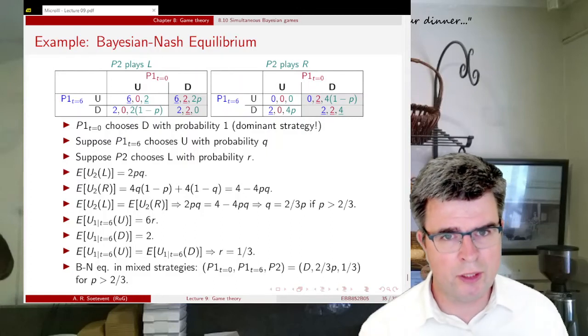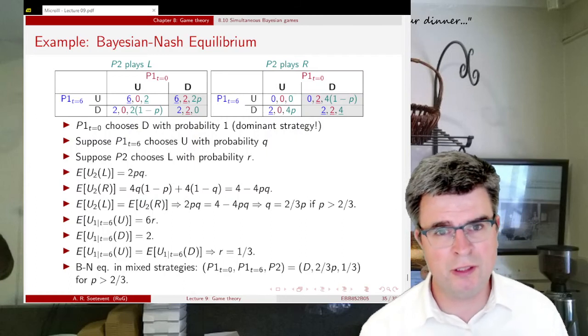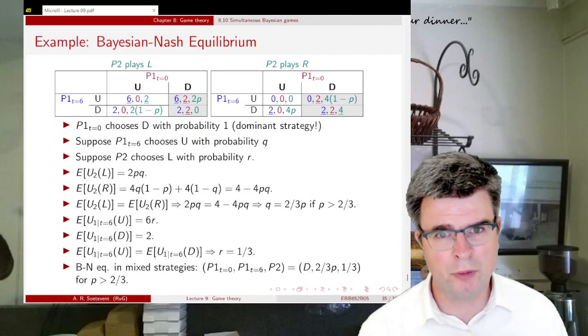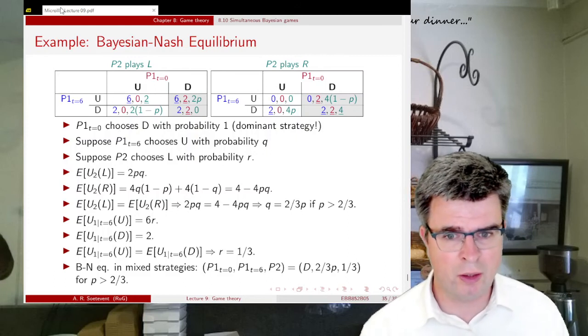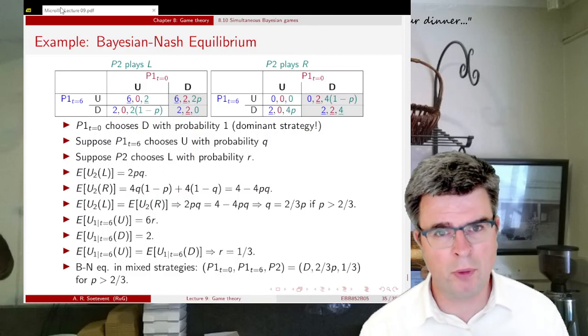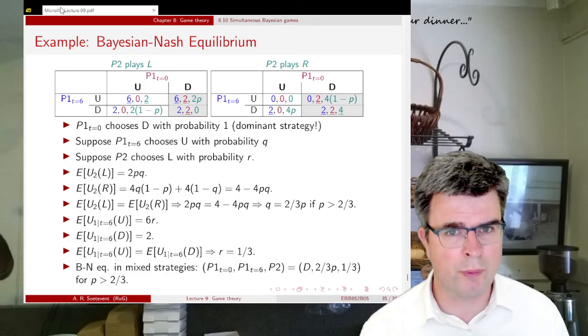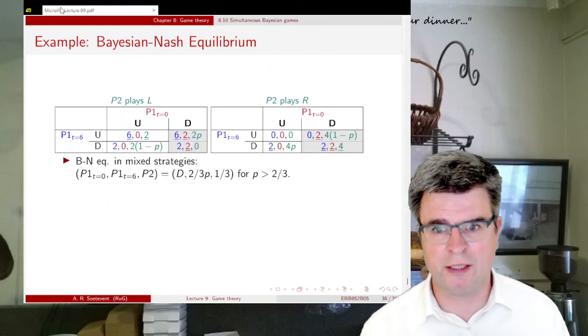When you do calculations like this, you can easily make a mistake. So it's always worthwhile to check whether you did everything correct. So let's check these expressions by plugging in a specific value for P, the probability that player 1 is of type T is 6.